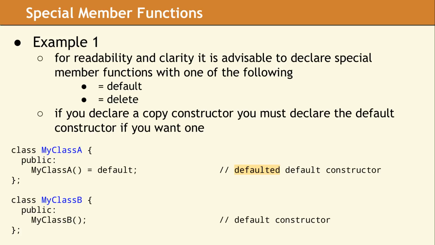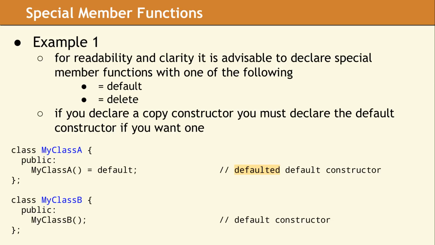Now the user, or the next maintainer of the class, knows exactly which special member functions the compiler will generate. The constructor in this example is the default constructor because it can be called with 0 arguments. The constructor is declared as defaulted. The correct way to refer to this method is to call it a defaulted default constructor.